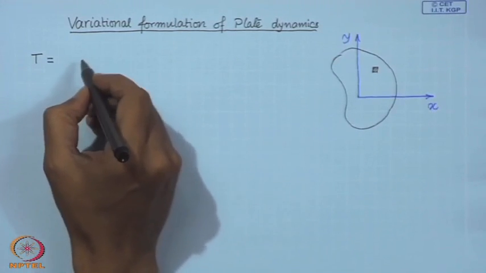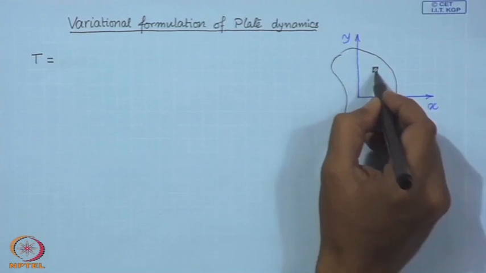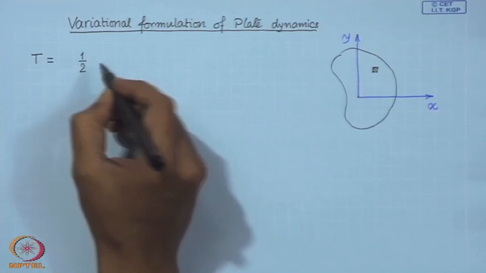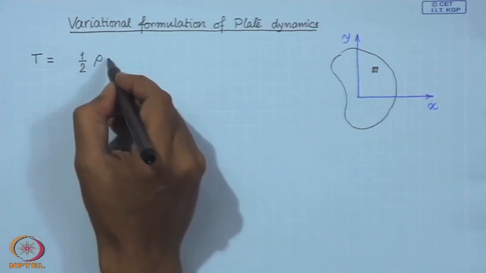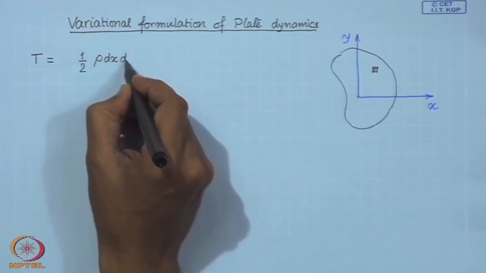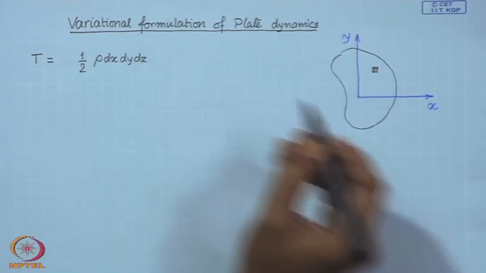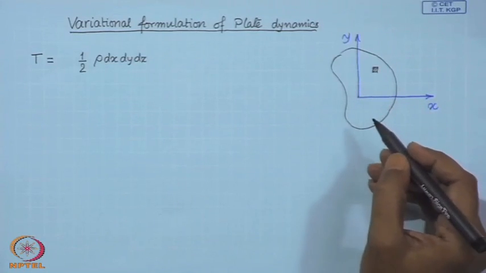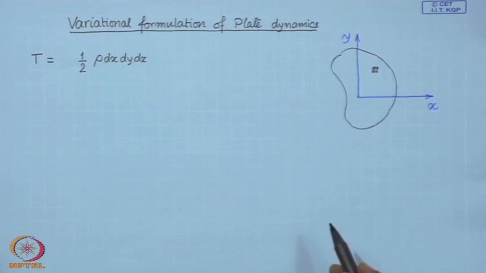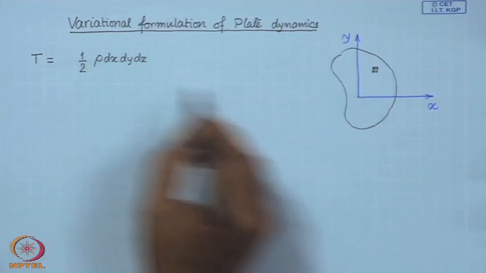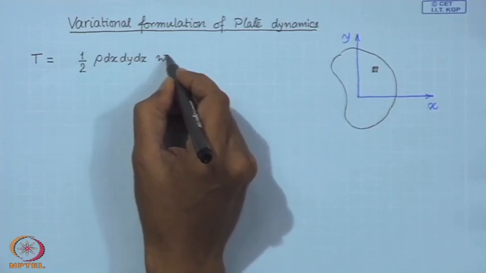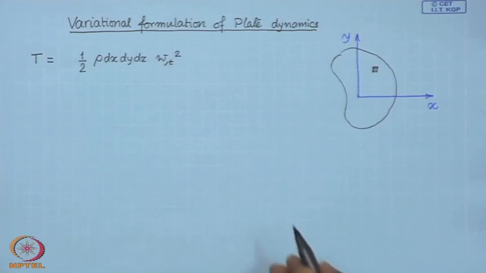The kinetic energy for this little element is given by 1/2 rho dx dy dz, where z is the coordinate perpendicular to the plane of the paper. So, this is the mass of this little element times its transverse velocity square.